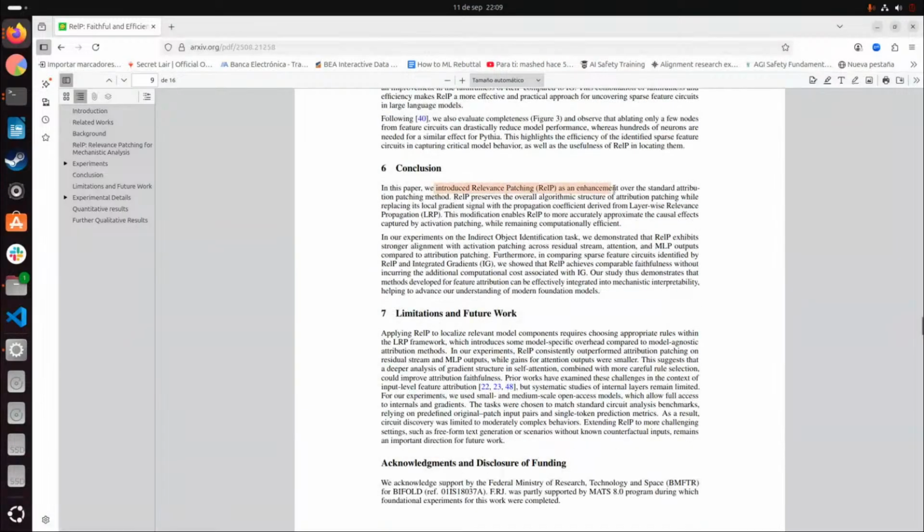Yeah, conclusion. Yeah, the conclusion just said their method is better.